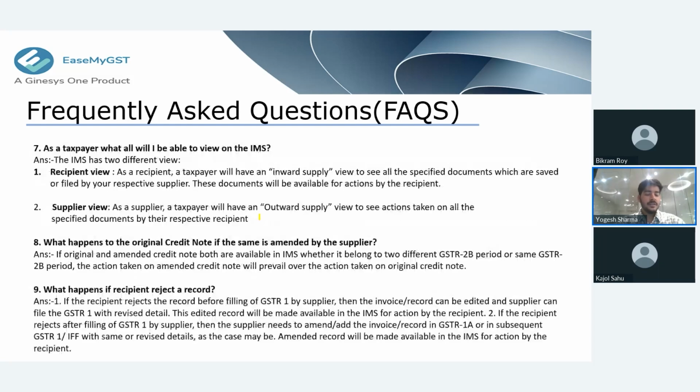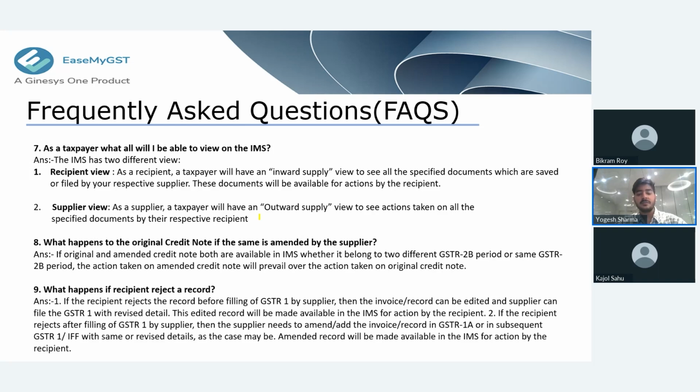Now there will be a seventh question. As a taxpayer, what all will I be able to view on the IMS? There will be 2 things available for you to see: inward supply and outward supply. In first, recipient view, as a recipient, a taxpayer will have an inward supply view to see all the specified documents which are saved or filed by your respective supplier.